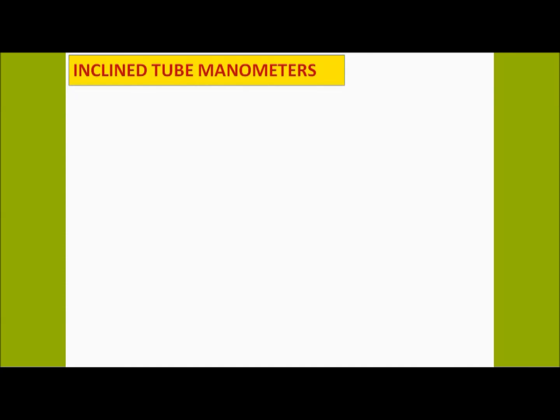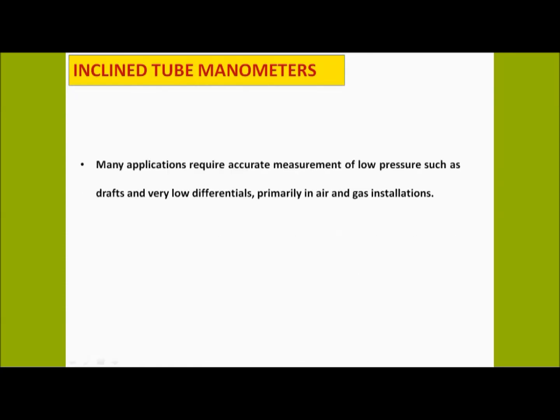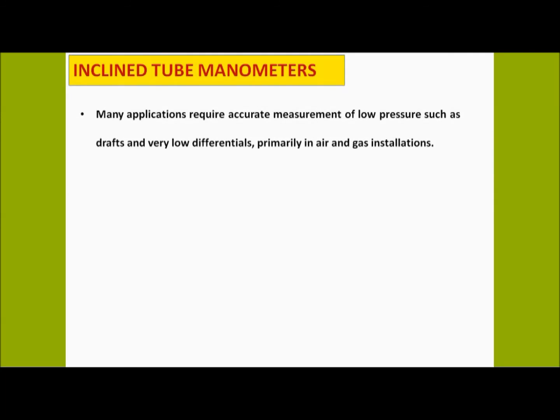It is put at some angle. Many applications require accurate measurement of low pressure, not high pressure, such as draft and very low differentials. Primarily it is used in air and gas installations.